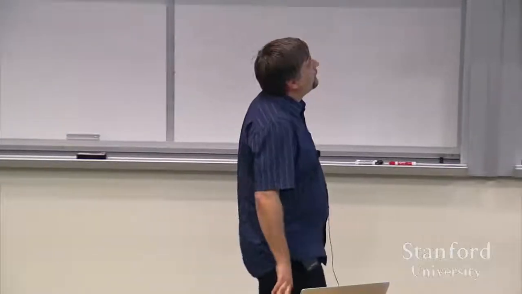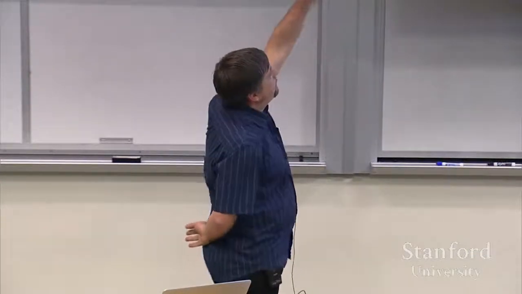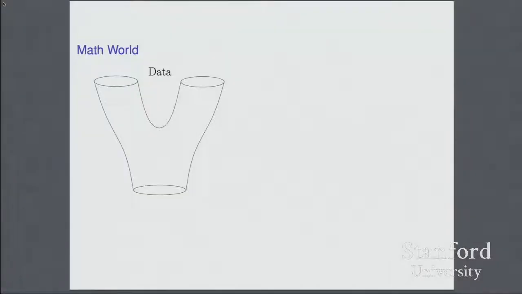Okay, so here's our data, and I've drawn it here as an inverted pair of pants. I'm going to flesh out this picture and show you how we make topological summaries from the data. But you should remember that you never actually get to see your data.